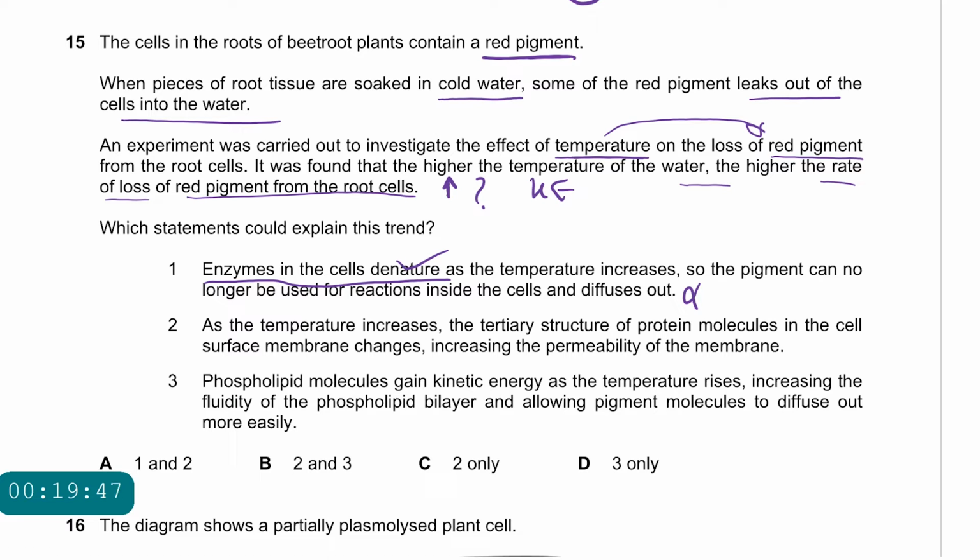Part 2, as the temperature increases, the tertiary structure of protein molecules in cell surface membranes changes. Yes, this is correct because protein molecules denature, because high temperature alters the hydrogen bonding in the tertiary structure, increasing the permeability of the membrane. 3.